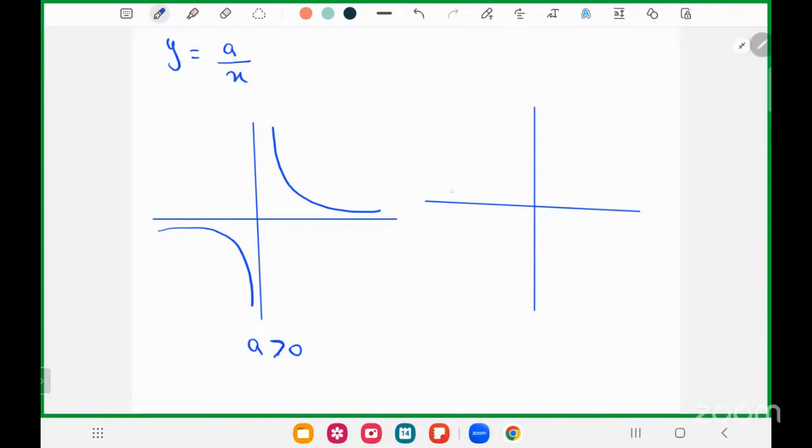If a is less than 0, it will be something like this.